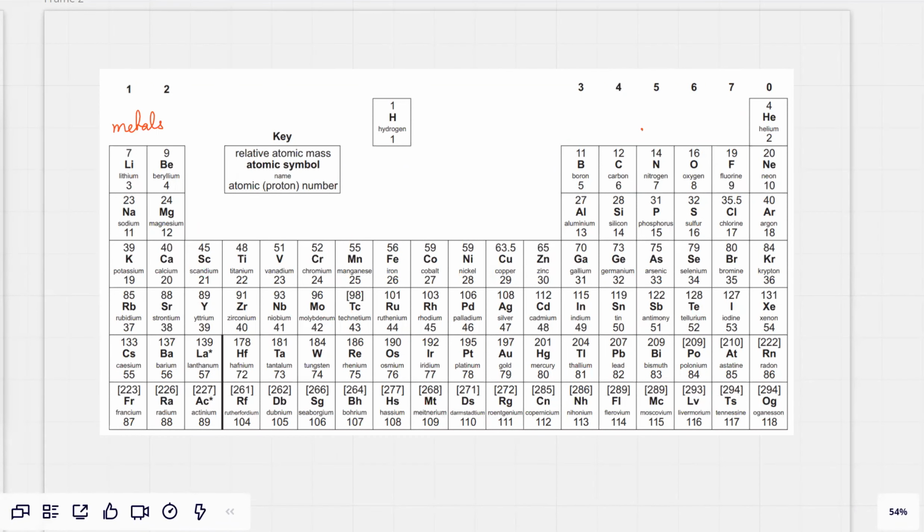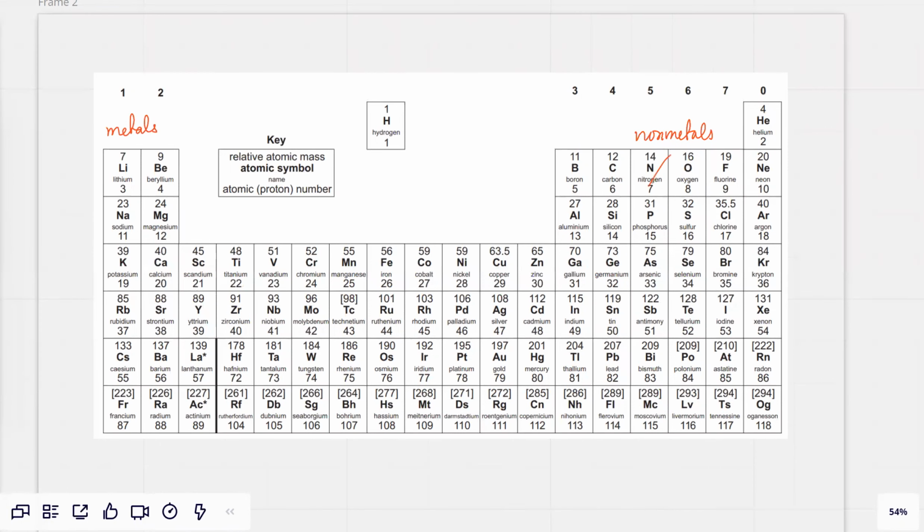Non-metals are the ones on the extreme right. So those are your non-metals on this side. These elements over here, these are your non-metals. These elements over here, these are your metals. Usually there's this thin dividing line around boron. There's a staircase, and on the left side, most of the elements are classified as metals, and on the right side of the staircase, most elements are classified as non-metals.